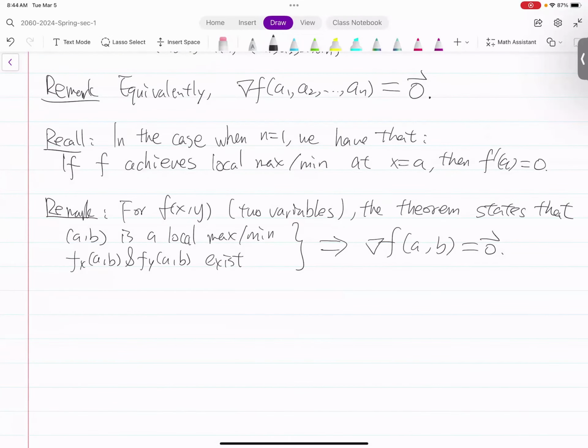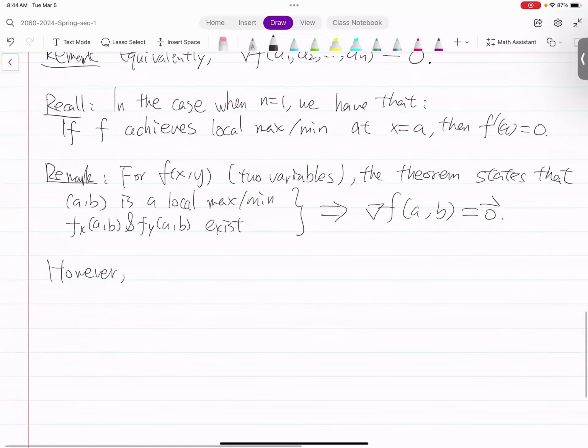So this arrow is in one direction only. So it's from the left to the right. You cannot really reverse the direction of the arrow. So that's the point that we want to emphasize. However, if you are at a point that has a zero gradient, this does not necessarily tell you anything about the point (a, b).